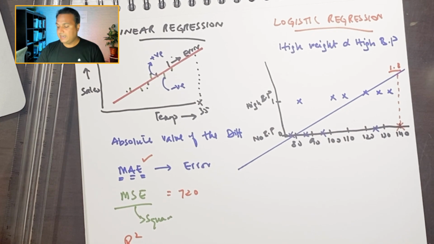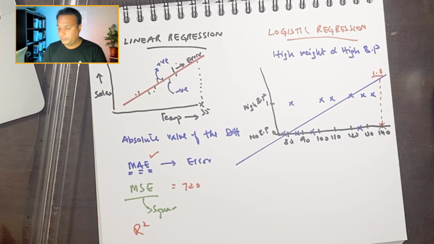Now, by looking at this number of 1.8, can we tell if this person has high blood pressure or not? We wanted to know if it is yes or no. But all we got out of this trend line is a value of 1.8. Now, how would we interpret it? Ideally, the output should be 0 or 1, so that we can tell if they have high blood pressure or not.